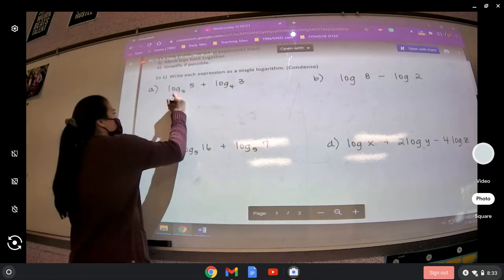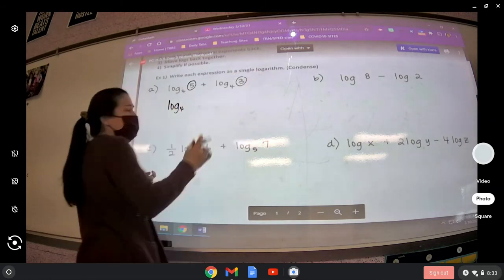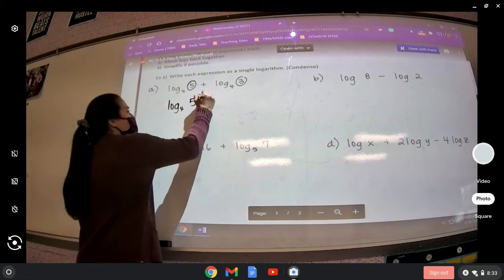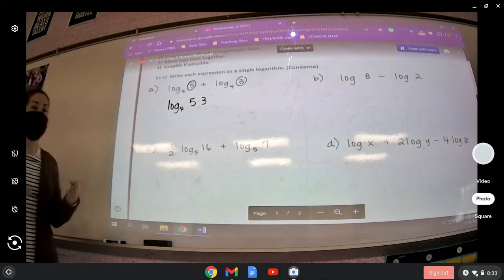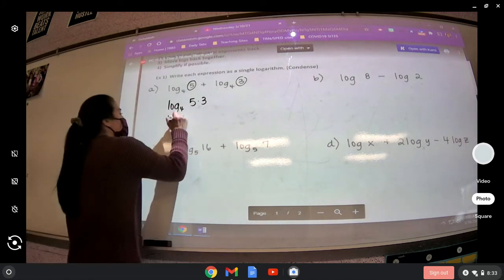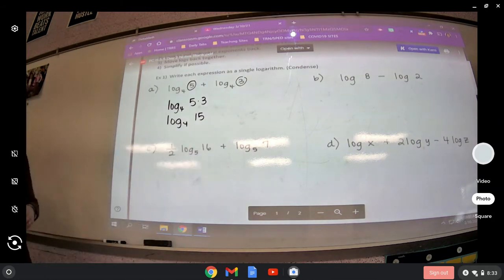So now it becomes log base 4 of 5 times 3. And now we simplify: log base 4 of 15, because that's what 5 times 3 is.